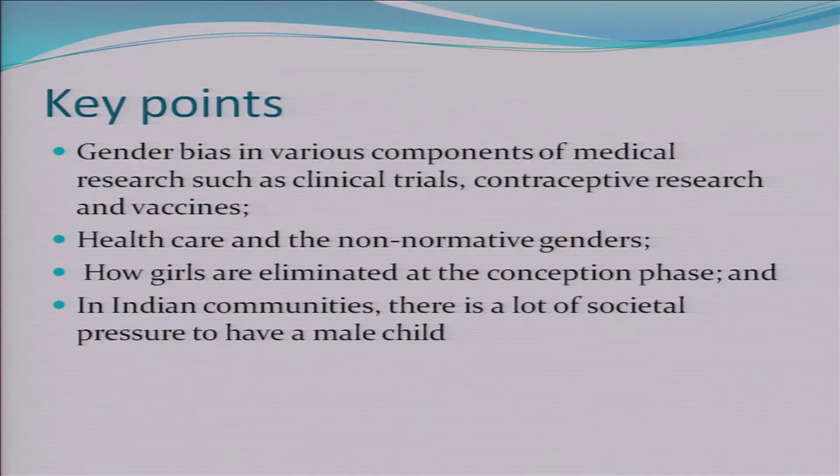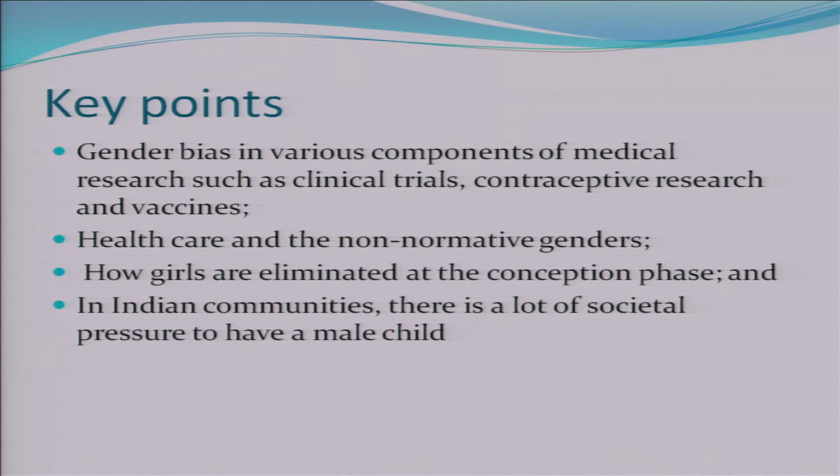Healthcare and the non-normative gender: the healthcare model assumes that there are two genders, that gender operates in binaries, but how about the non-normative gender? How would they access healthcare is something that has also been discussed.